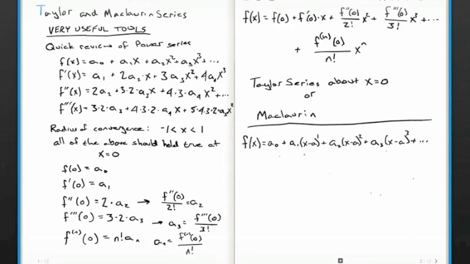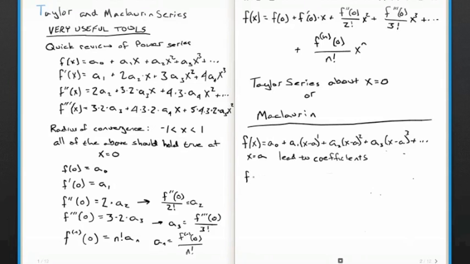Now, over here on the right side, what would be the convenient value of x to use to make this go away and this go away and this go away? Well, sure, I would use x equals a. And that would lead to the coefficients that make this Taylor series look like this.